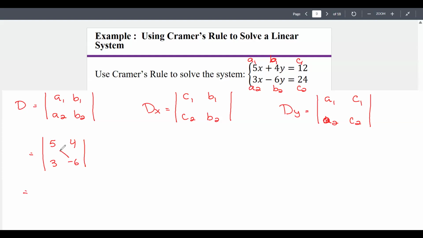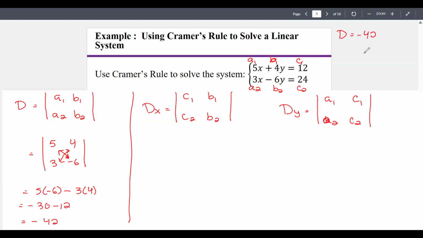Like I said, it's the cross multiplying. So 5 times -6, and then this cross multiplying 3 times 4, and we're doing a difference. This is -30 minus 12, which ends up being -42. So that's my D, the determinant D is -42.